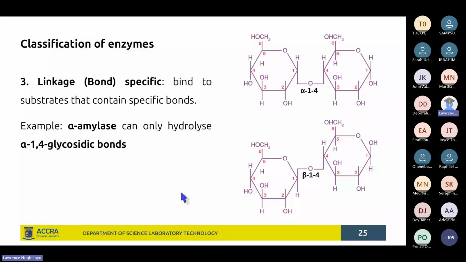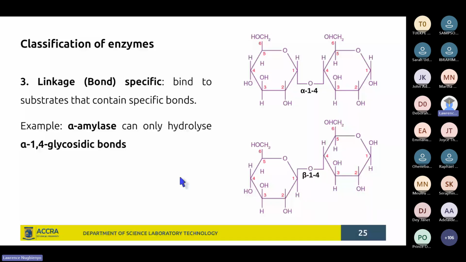And when they chew the wood, it is that protozoa, the Trichonympha, that actually breaks down the cellulose into glucose molecules. And so that's a bond specificity. So alpha amylase has such a bond specificity to only the alpha 1,4-glycosidic bond, but not to the beta 1,4-glycosidic bond.